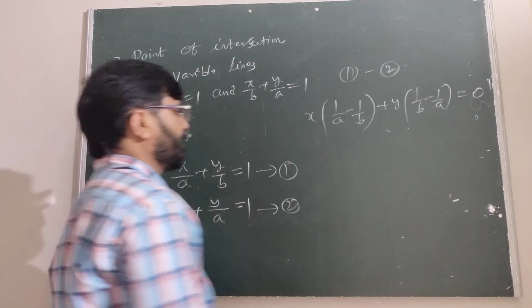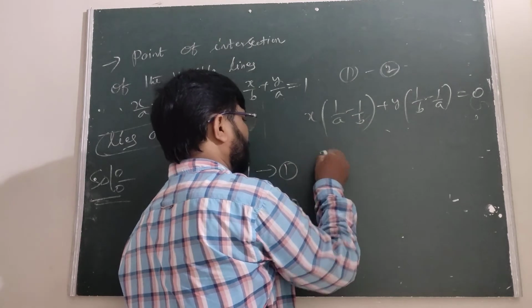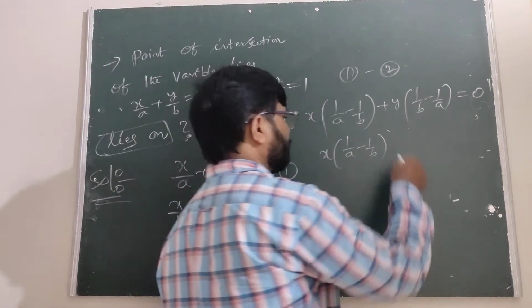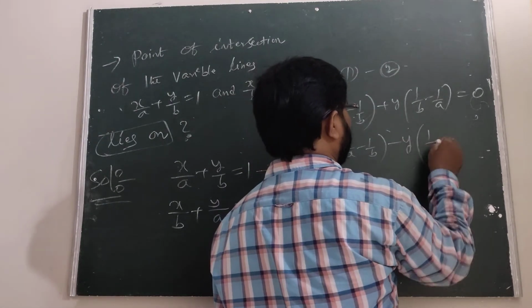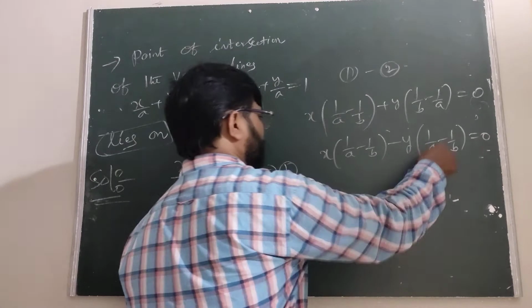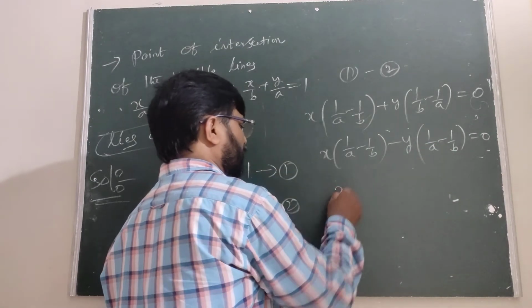Now we take the minus common in the second bracket, then it is (1 by a minus 1 by b) minus y into (1 by a minus 1 by b). Now this is divided by 1 by a minus 1 by b.